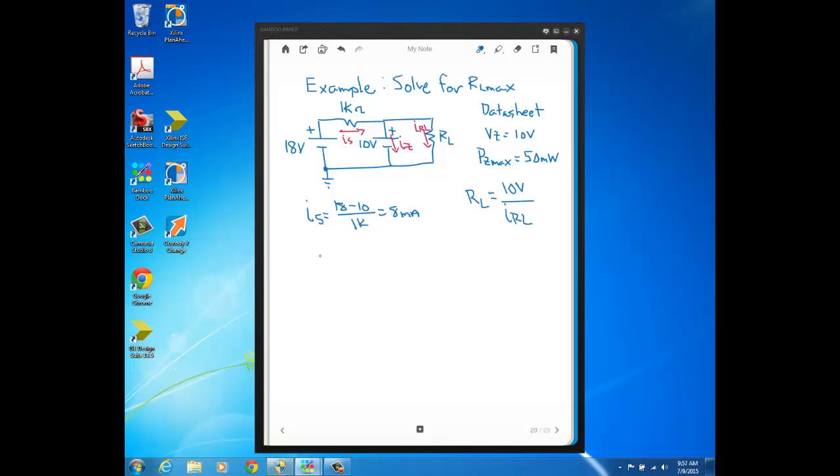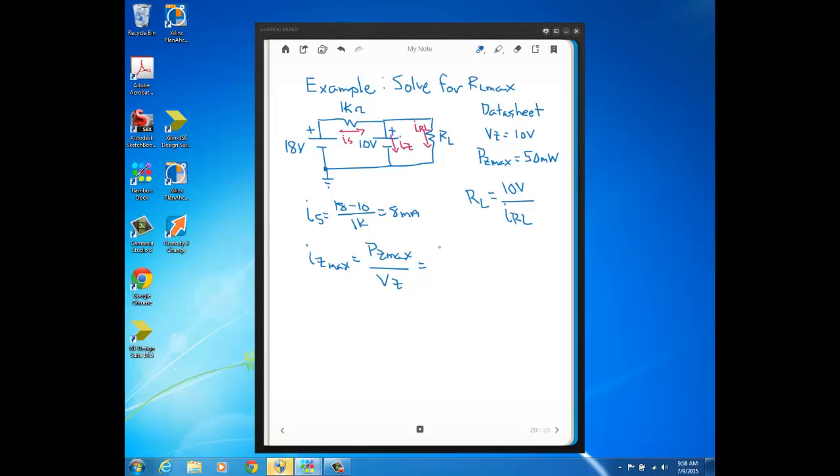Now we want to get IZ. This will be the maximum IZ that we obtain from PZ max, so PZ max divided by VZ.